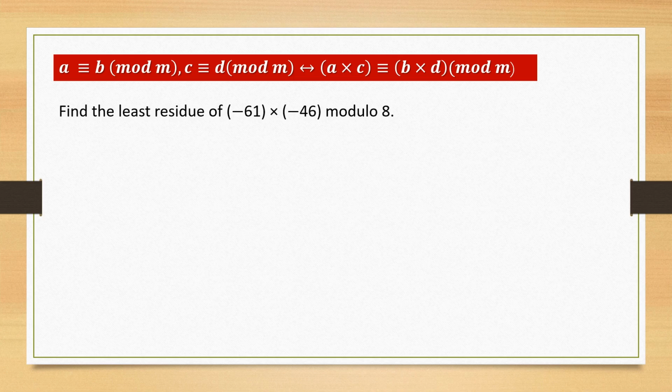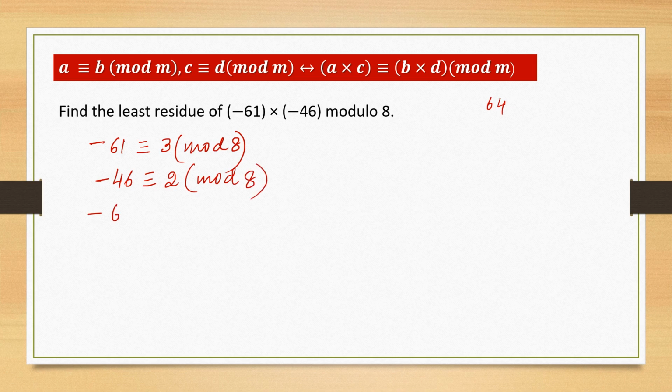Find the least residue of negative 61 times negative 46 modulo 8. Negative 61 is congruent to 3 modulo 8. So 8 eights are 64 and 61, so this will be 3. Similarly, negative 46 is congruent to, 8 sixes are 48, so this is 2 modulo 8.